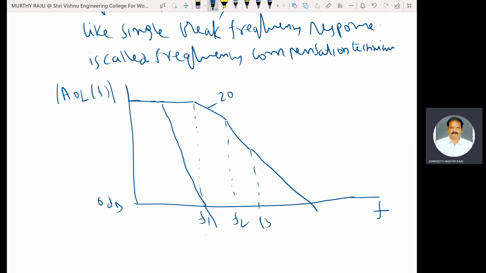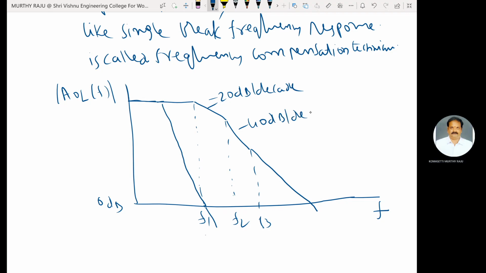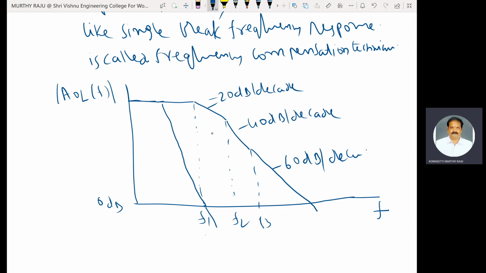This one is minus 20 dB per decade, minus 40 dB per decade, and this one is minus 60 dB per decade. Instead of these, we use only minus 20 dB per decade.